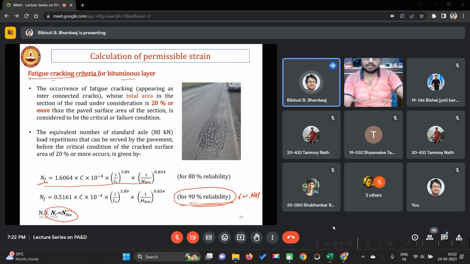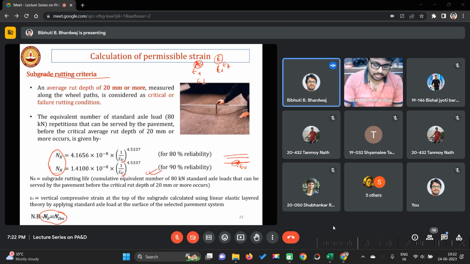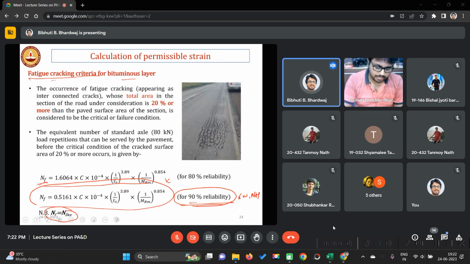That means this formula will give you results that are 90% reliable. So this one is used, we don't use this one. Similarly here also we use this one. So if we calculate this, we can find out epsilon v directly. Here also if you find out N f, which is basically N design, we can find out epsilon t.